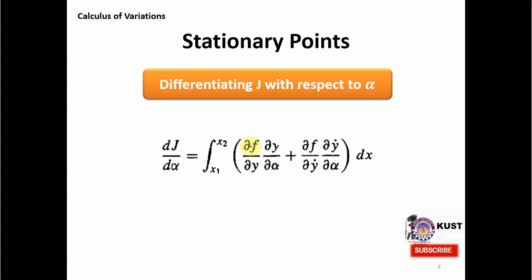By chain rule we have to differentiate f with respect to y first and then y with respect to alpha, because y was a function of alpha, and since f was not an explicit function of alpha, it was a function of alpha through y, therefore we had to use the chain rule in the first term. We also have to use the chain rule in the second term, because f is a function of y dot, that is y dot is the derivative with respect to x, and then y dot is a function of alpha. So you see that this derivative of J inside the integral is actually the sum of two terms.